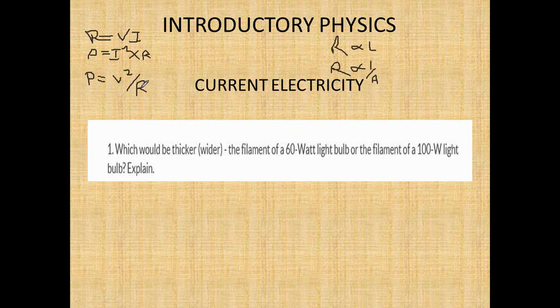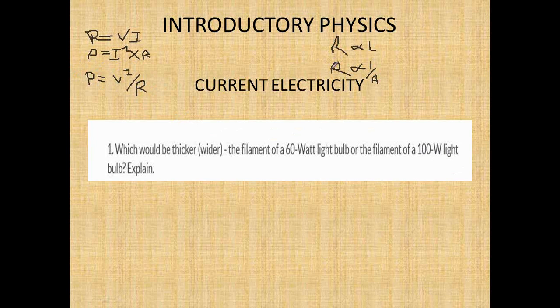So the greater the power, okay, so this light bulb has a greater power. For this number to be larger, you need a smaller resistance. So the smaller the resistance, the greater the power.